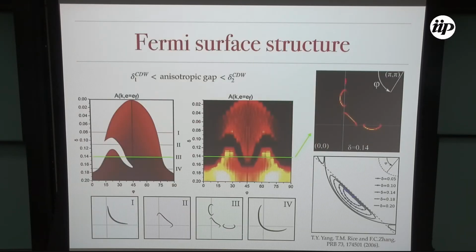The Fermi-surface structure can be reproduced here. These two main figures represent the structure of the Fermi surface including the doping level.